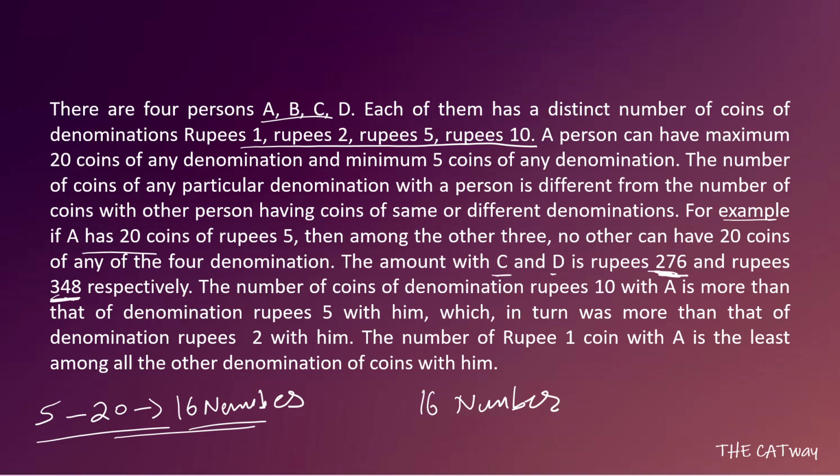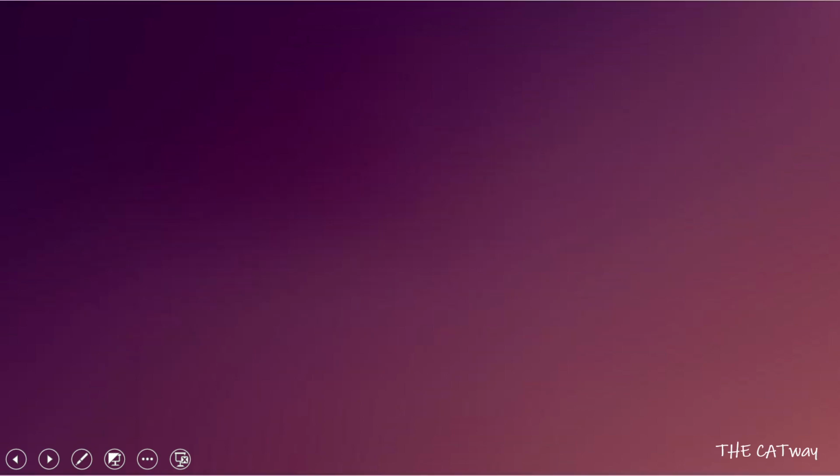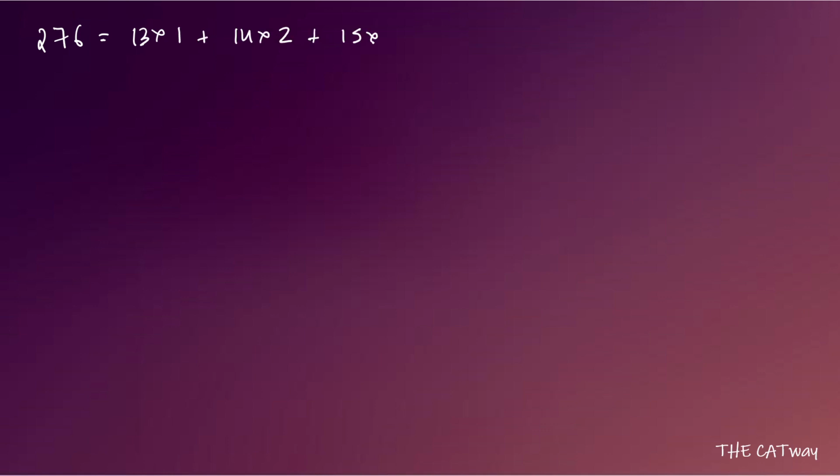Now let's move further and I'll show you how the set has been made a little bit easier for you to solve. So I have already written the values for 276 and 348. So 276 can be written as 13 into 1 plus 14 into 2 plus 15 into 5 plus 16 into 10. You must be seeing that these are consecutive values.